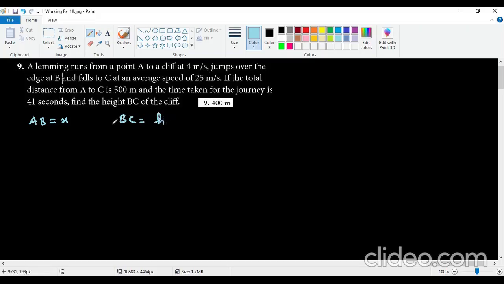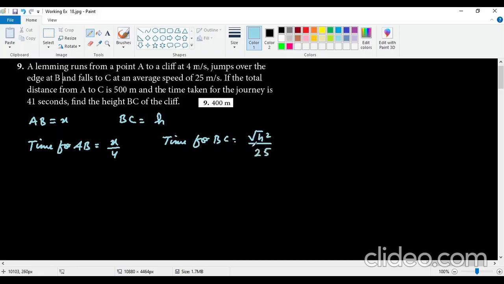So time taken for AB is x over 4, and time for BC is, it says, the square root of h squared over 25.